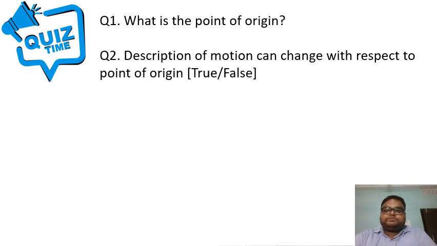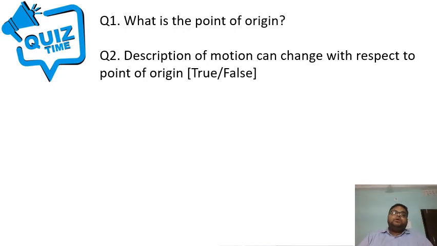Right. Now students, look at the second question. The second question says that the description of motion can change with respect to the point of origin. So is this statement true or false? What do you think students?